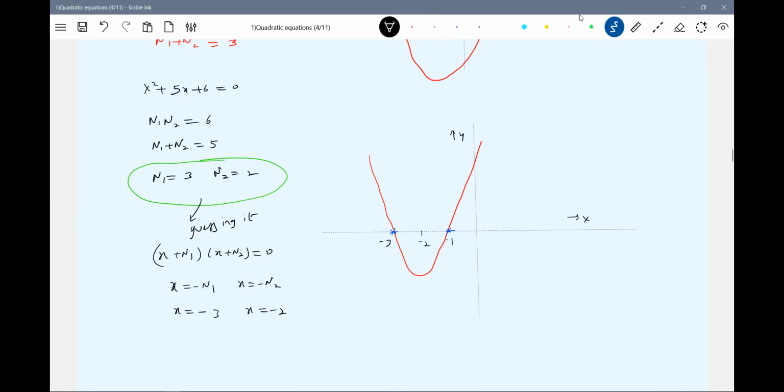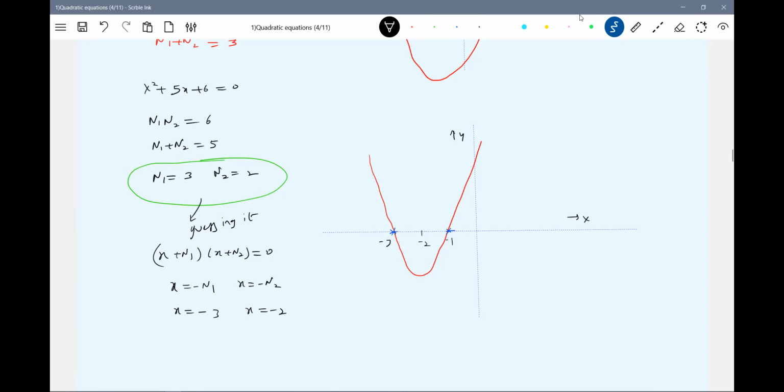Okay, this is about the factoring method. Now we'll go for the second one, the square method. I'll write it. Let's take the first equation, x square minus 2x minus 15 equals 0.